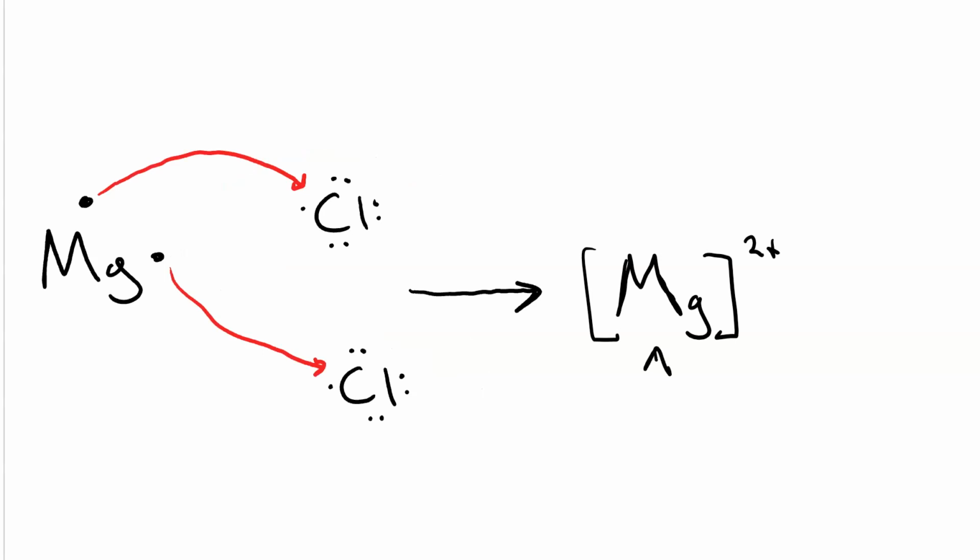Inside the bracket goes the element symbol with dots corresponding to valence electrons. Notice for the Mg2+ ion there are no dots because to make the cation it has given up all of its valence electrons.